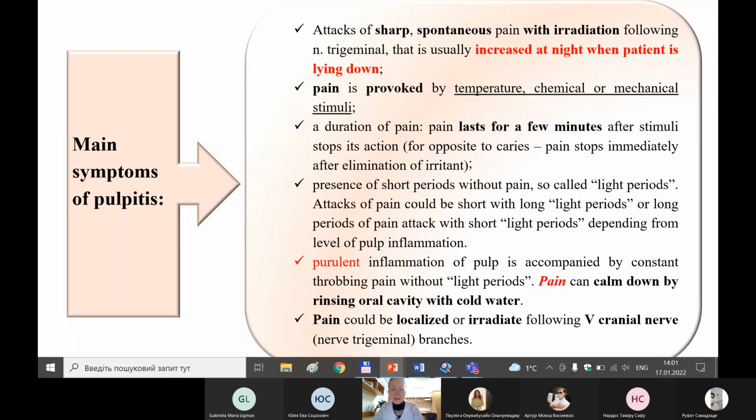Next, pain could be localized in some stages of pulpitis. Pain could be localized or irradiate following the trigeminal nerve branches. So these are the main symptoms of pulpitis.